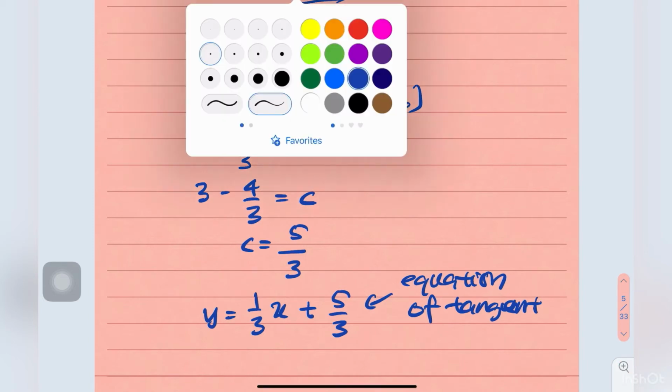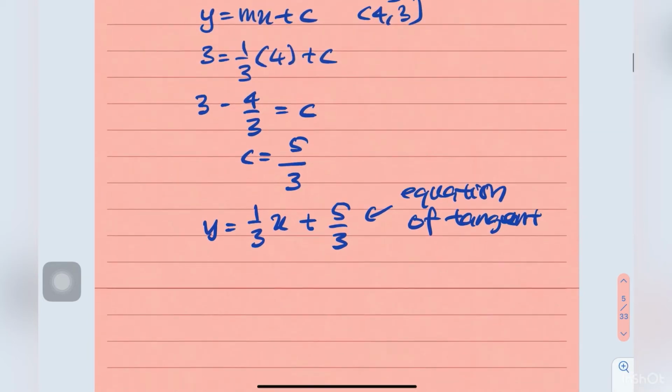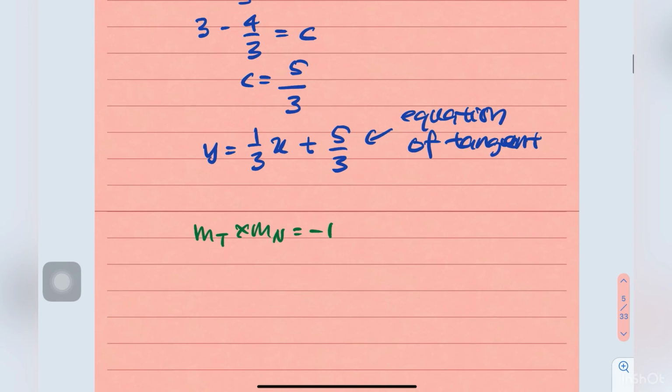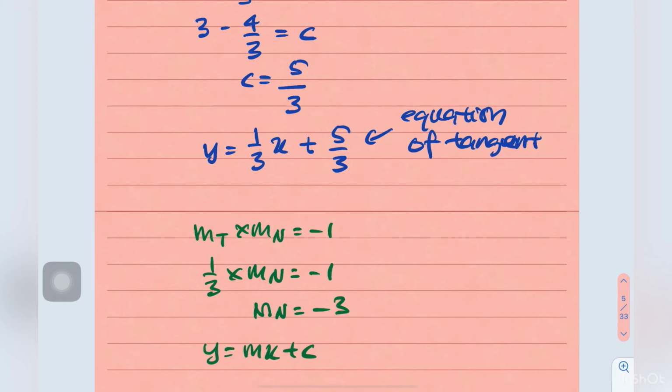Okay. So then for the equation of normal, we have gradient of tangent times gradient of normal is -1. Gradient of tangent just now is 1 over 3. So 1 over 3 times gradient of normal is -1. Gradient of normal is -3. Okay, so we substitute into y equals mx plus c. The point here is 4, 3.